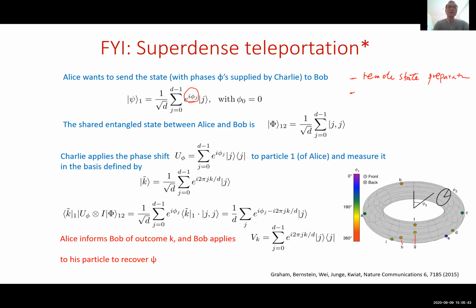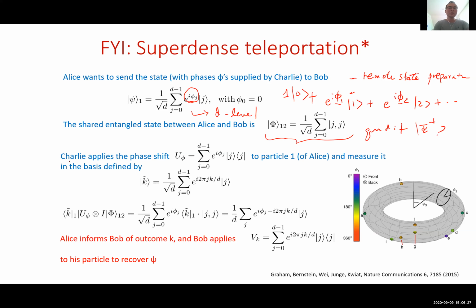And here I'm using a D-level system. So I encode the message, let's say the 0 state, e to the i phi 1, etc. I'm using the phase phi to encode my message or information. And suppose Alice and Bob also have a shared entangled state, in the so-called qudit. It's a generalization of our psi plus.